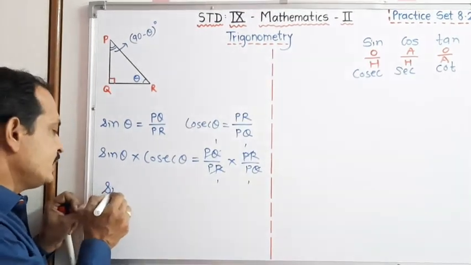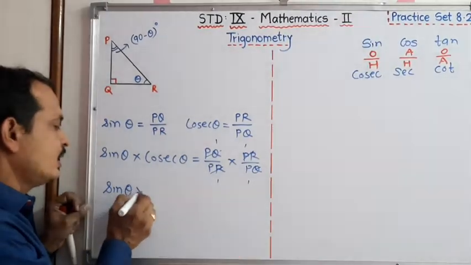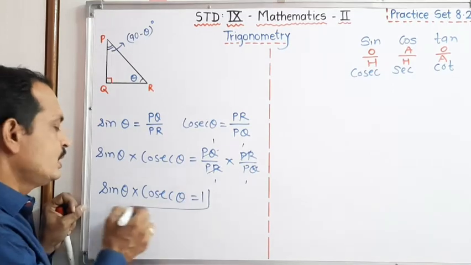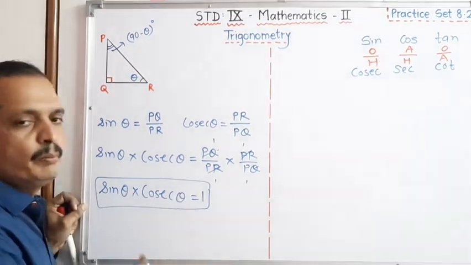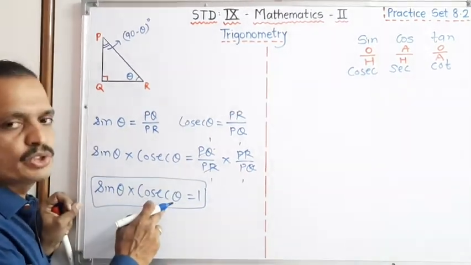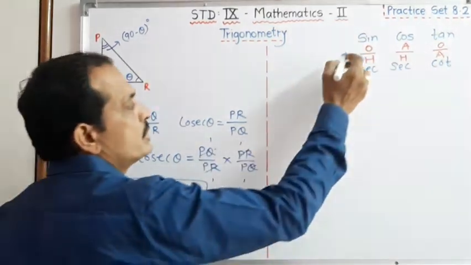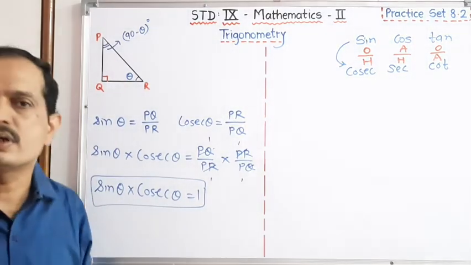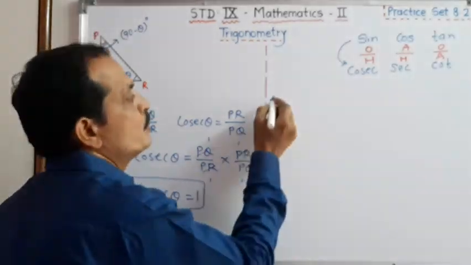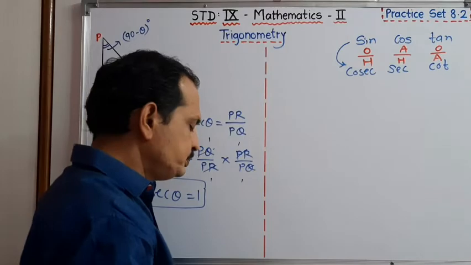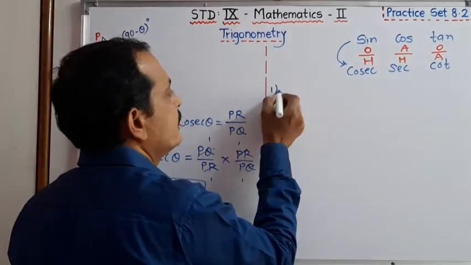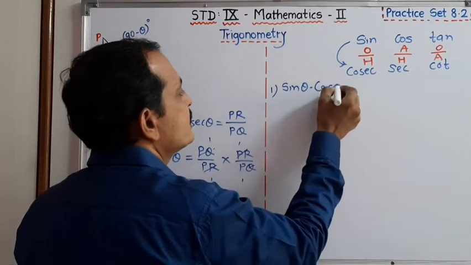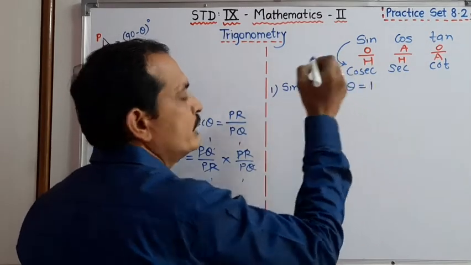Therefore sine theta into cosec theta is equal to 1. This is the one relation between sine theta and cosec theta. Got it? Dear students, sine theta and cosec theta are inverse of each other. Therefore from this we can conclude one formula, that is sine theta into cosec theta is equal to 1.